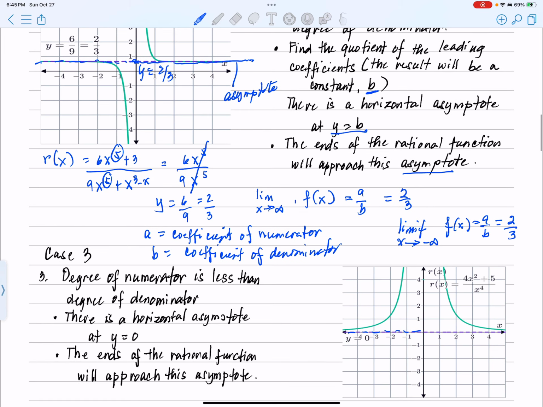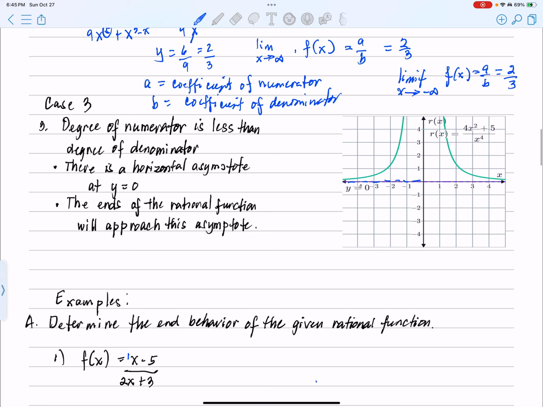All right, case number 3. In case 3, we have the degree of the numerator less than the degree of the denominator. So in other words, m is less than n.